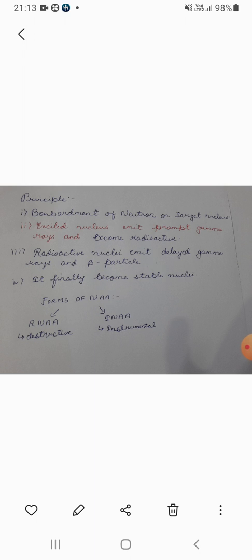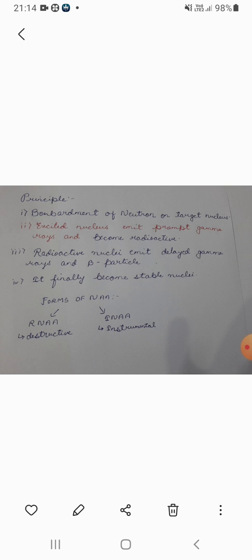and when the neutrons are bombarded, the target nucleus becomes excited, and when the nucleus becomes excited, it emits gamma rays. The rays emitted are prompt gamma rays, and once they emit the gamma rays, they become radioactive. Means the non-radioactive compound is converted to a radioactive compound after emission of gamma rays, and once it becomes radioactive, it again emits gamma rays and beta particles.